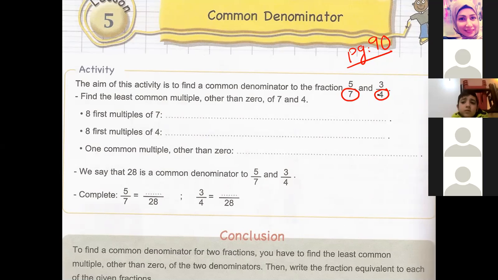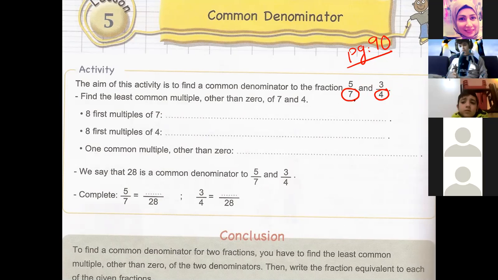The aim of this lesson is to make these two fractions have the same denominator. So the aim of this activity is to change these two fractions into fractions having the same denominator.